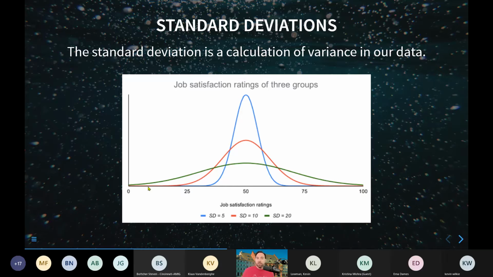But if we increase the variance, we increase the standard deviation. If I increase it enough to, let's say, 20, well, if I got a score of 90, it's not common, but it's not going to be weird. I'll get a fair number of scores above 90. Any value in here from 0 to 100 is actually fair game as far as this is concerned.